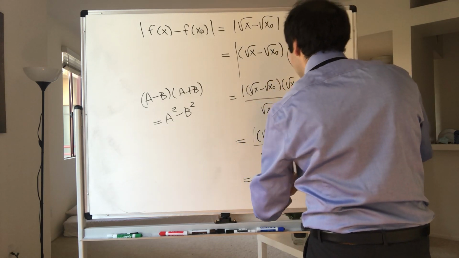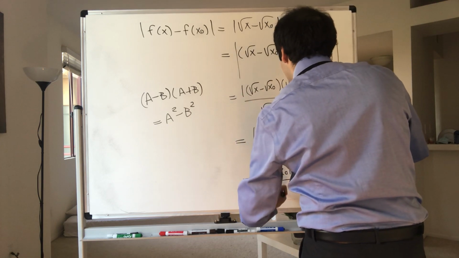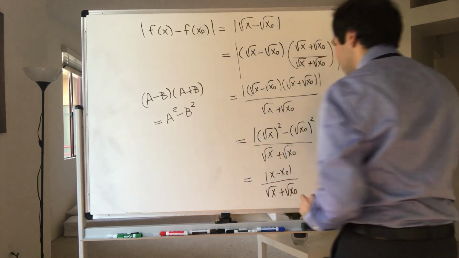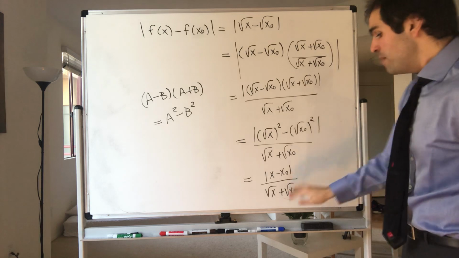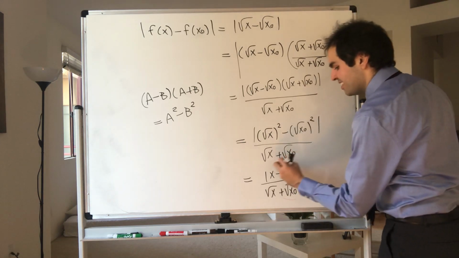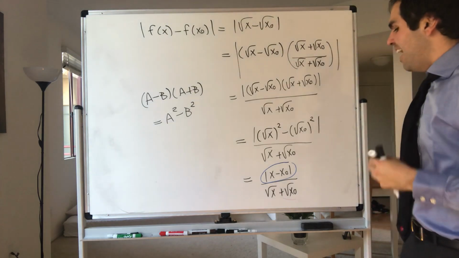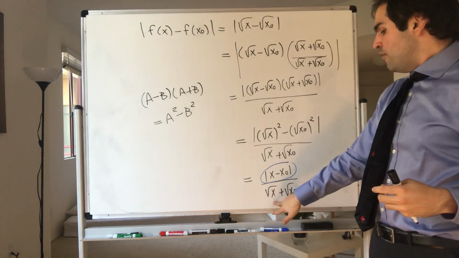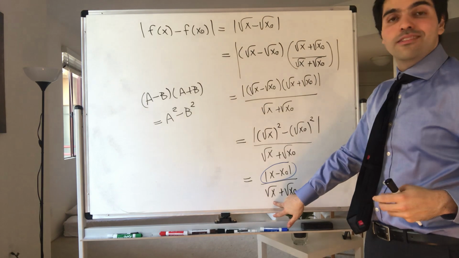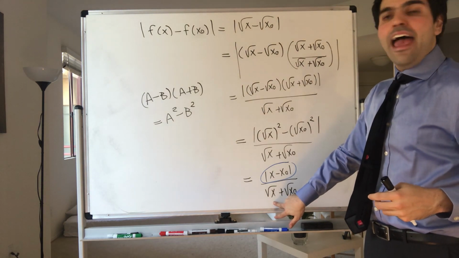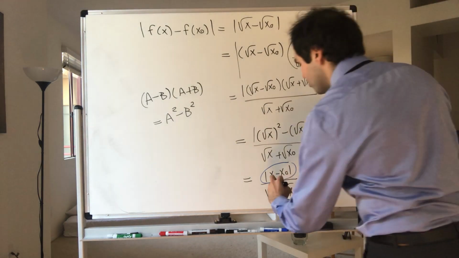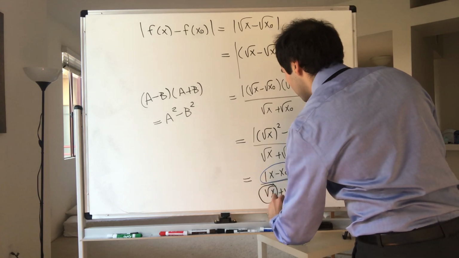This just becomes |x minus x naught| over square root of x plus square root of x naught. And remember, this is the stuff where delta comes from. And ideally, we want to make this independent of x, but that's not a problem because remember, x is non-negative.